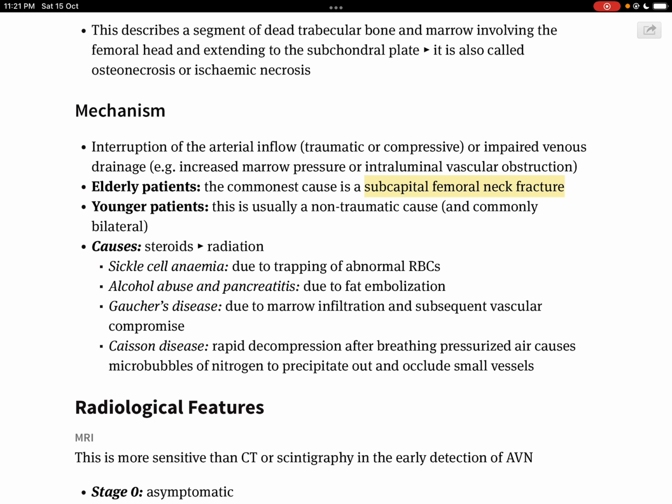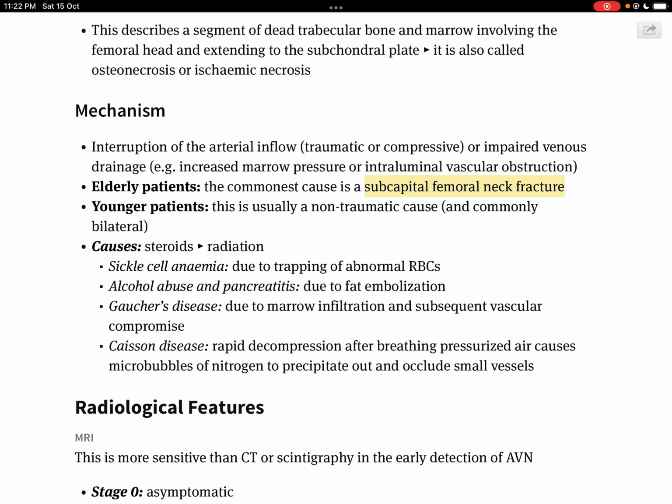Causes of AVN include steroids, radiation, and sickle cell anemia, where trapping of abnormal RBCs occurs. Alcohol abuse and pancreatitis are also causes, where fat embolization occurs.